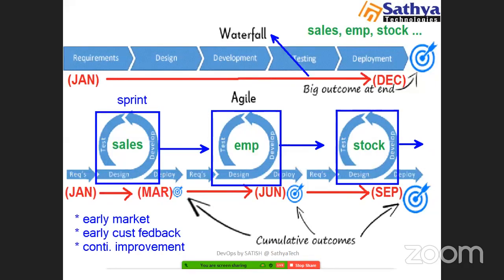you can focus on, first, the sales module. Once it's done, go with the next module, employee module, stock module. Once you deliver the initial module, like the sales module, your client gets to the market. He can use this module and suggest some feedback for us.